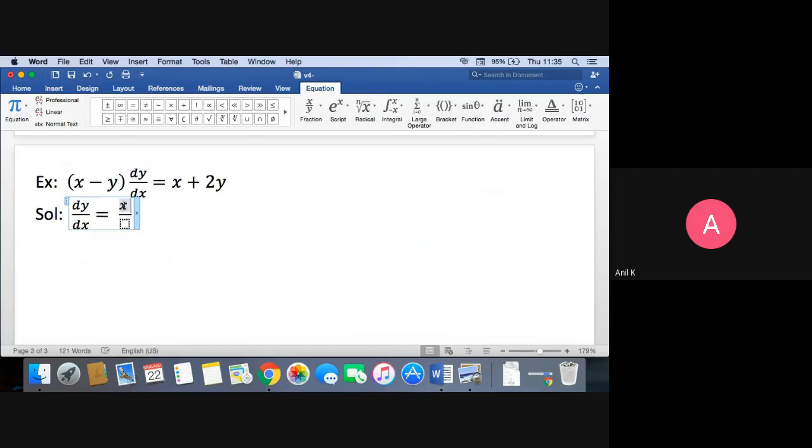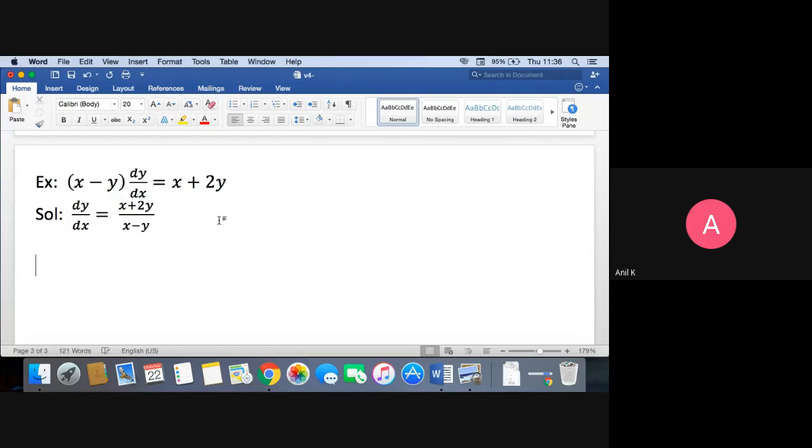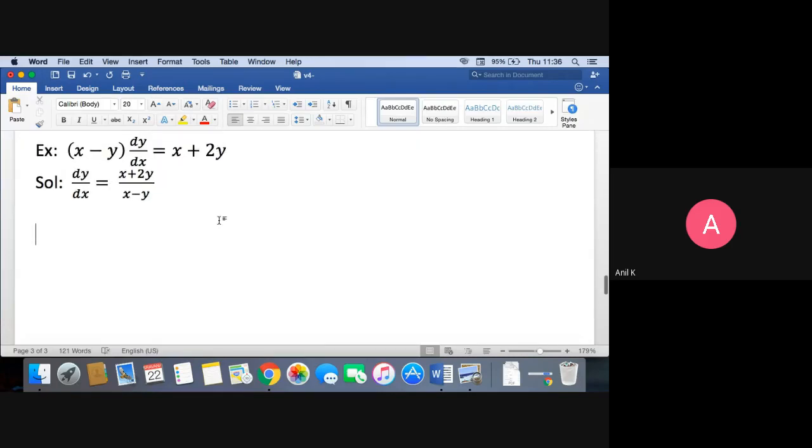So here I can put dy by dx equals x plus 2y upon x minus y. Then I have to put lambda x in place of x and lambda y in place of y, and see what we get.